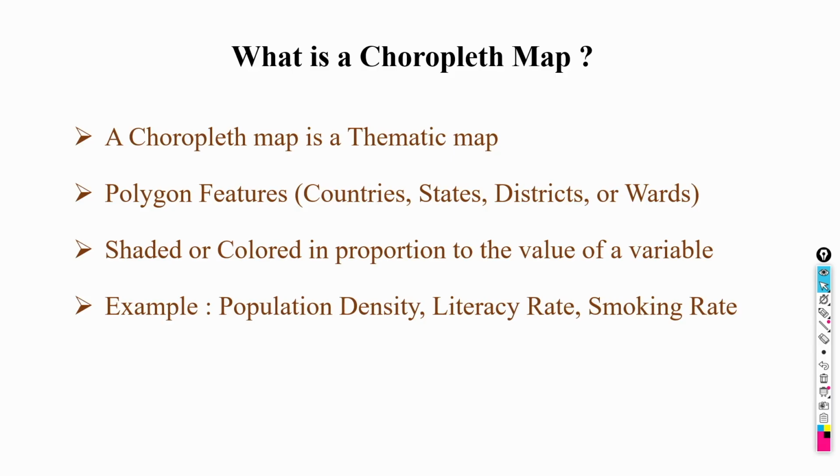Generally for Choropleth mapping we try to do it with polygons. We take polygons, and if we have the information of the population density, we try to distribute that value in equal proportions, and we try to see where there is high density or lower density. It helps us to understand the clustering or patterning in a particular group of data.